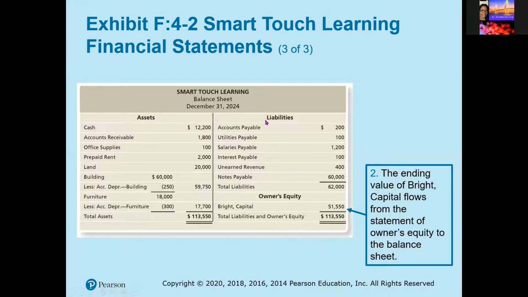Assets equal liabilities plus owner's equity. You see the assets total is $113,550 and liabilities is $62,000. Capital is $51,550. When you add these two, you get that amount of $113,550. So they are in balance.